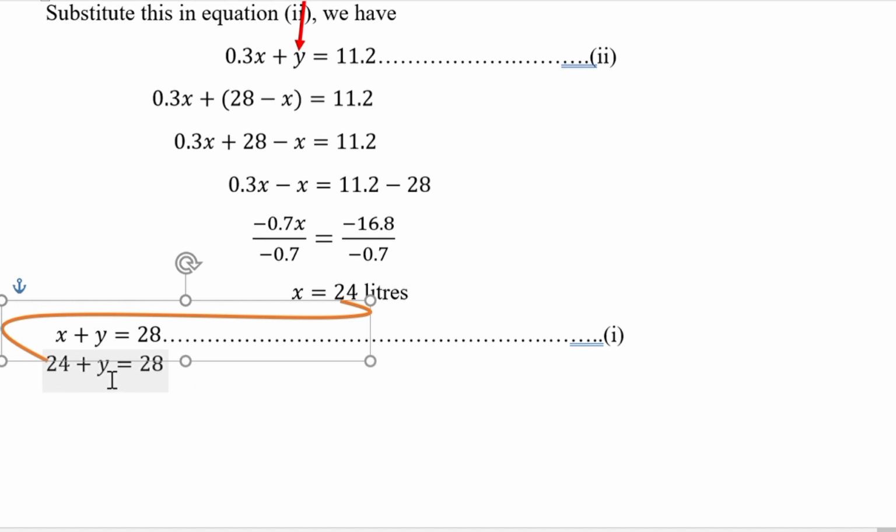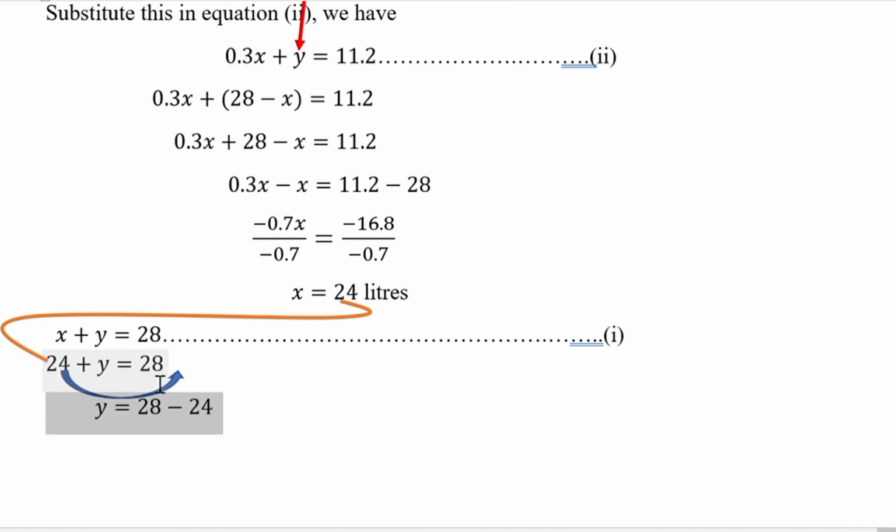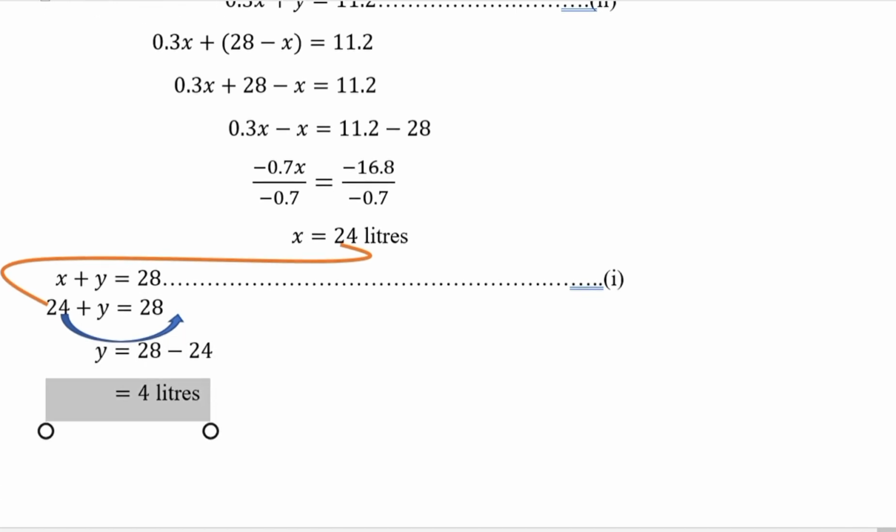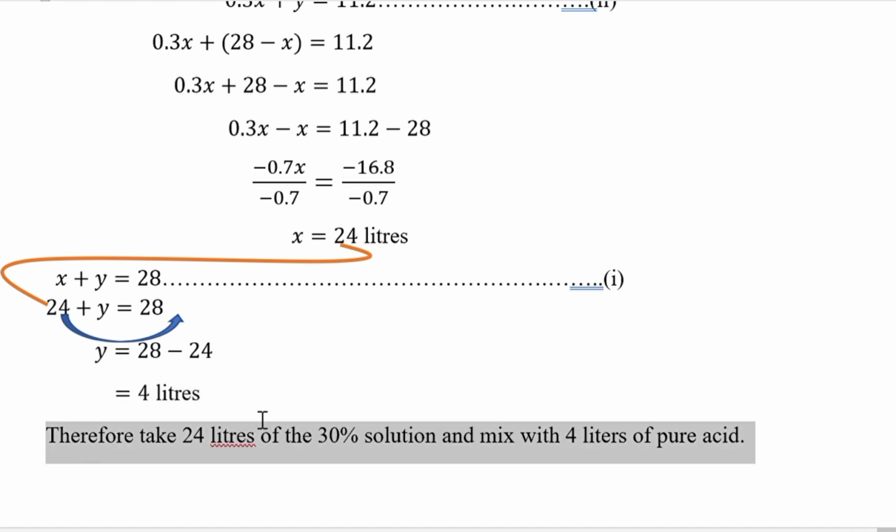We have Y being equal to 28 minus 24. And when you do that, you get Y is equal to 4. So that means we shall need 4 liters of pure acid solution, because that's what was represented by Y. Therefore, we shall take 24 liters of the 30% solution as we found here, and then we mix with 4 liters of pure acid as we have found here.